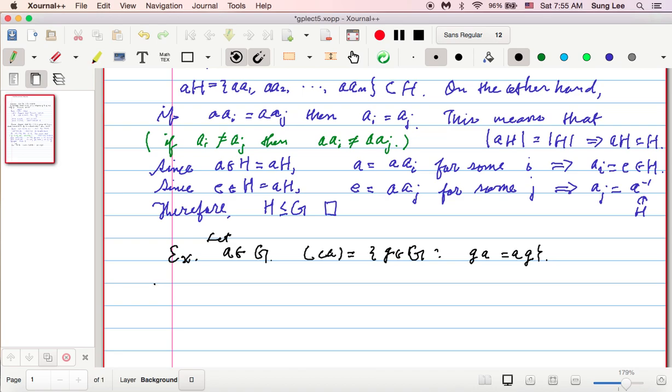Now let us show that C of A is a subgroup of G.